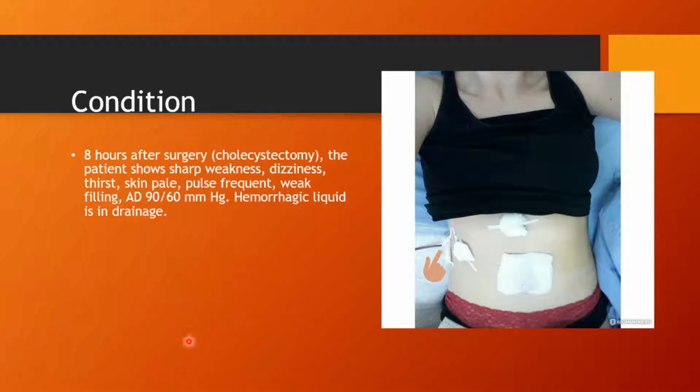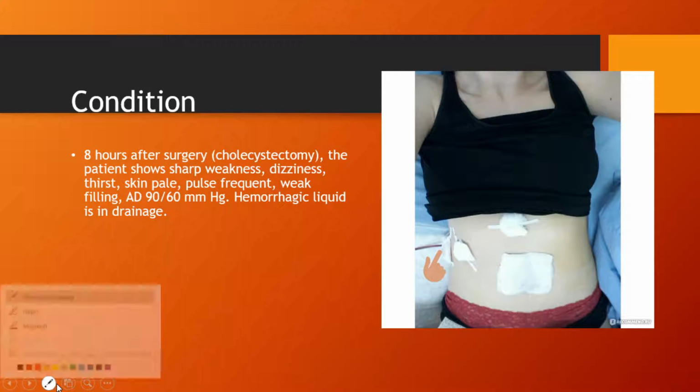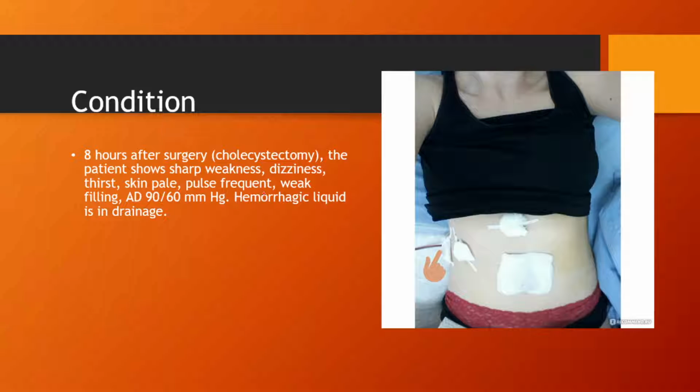What is important in the case? Hemorrhagic liquid in the drainage. Yes, there is drainage, and there we see hemorrhagic liquid. Think what the complication is and how you need to help your patient.